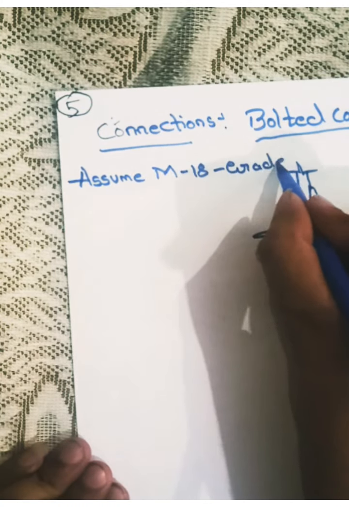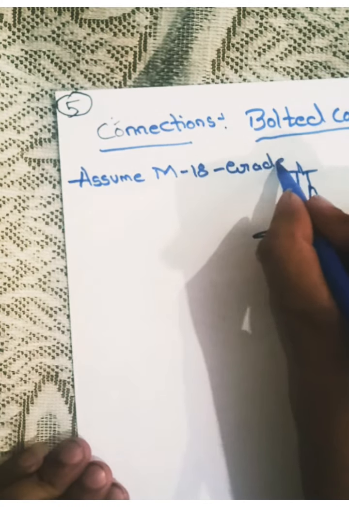M18 means the diameter of the bolt is 18. If it is M20, the diameter of bolt is 20 mm. When I am using grade 4.6, the ultimate strength of the bolt, FUB, is 400 MPa. 4 means it is 400. If it is 5.6, the ultimate strength of the bolt will be 500. The diameter of bolt hole is 18 plus 2 mm clearance, that is 20 mm.